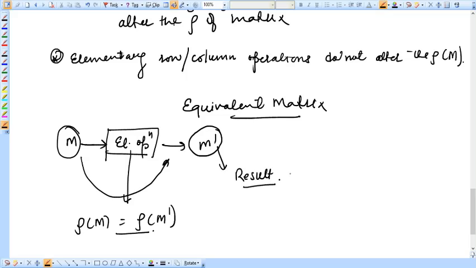The resultant matrix which we got after applying the elementary operation is said to be equivalent to the given matrix, and it is denoted by this sign: M is equivalent to M dash.